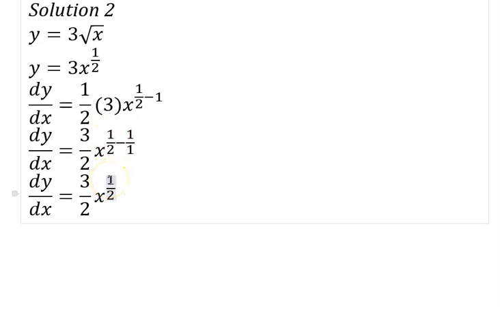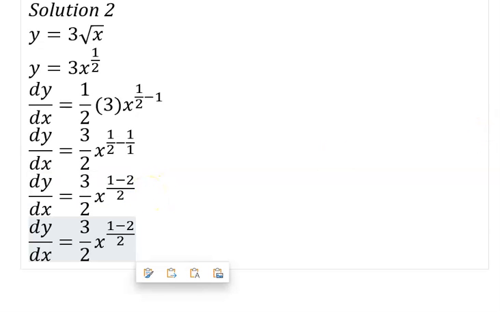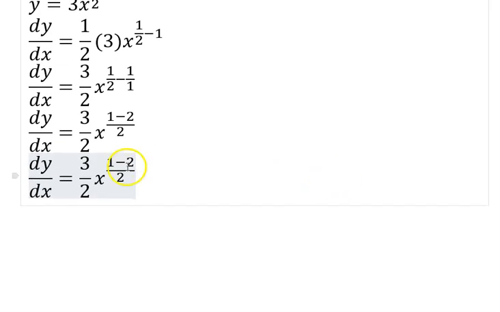Minus, 1 goes in 2 two times, 2 times 1 gives us 2. So we have (1 minus 2). 1 minus 2 will give us minus 1. As a result, we now have 3 over 2 x raised to power minus 1 over 2.